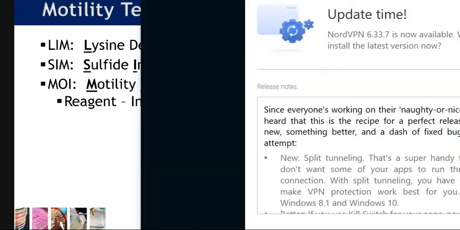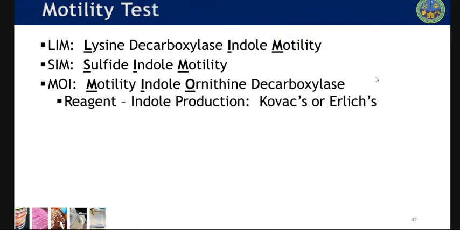Now, you could also observe here a lysine deamination, but in a minimal amount, in the upper portion of the butt area. I don't have a visual of the tube, but you could see a reaction similar to that of the LIA. There is a little red at the top of the butt if you have lysine decarboxylation. The same is true with your MIO media. Same result.